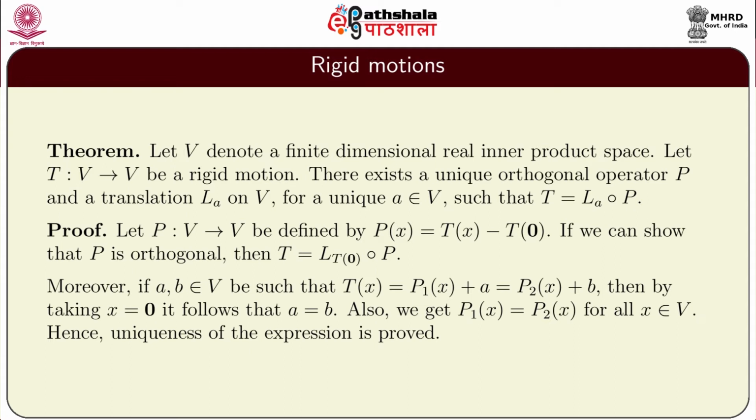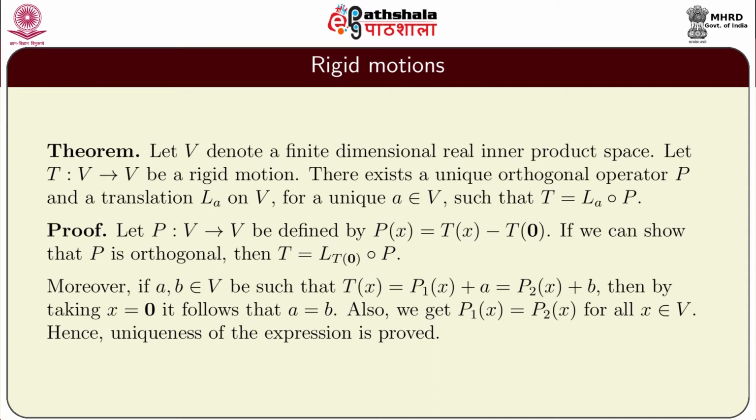Moreover, if a and b belong to V are such that Tx is equal to P1x plus a is equal to P2x plus b, then by taking x equal to the 0 vector, it follows that a is equal to b. Why is that so?